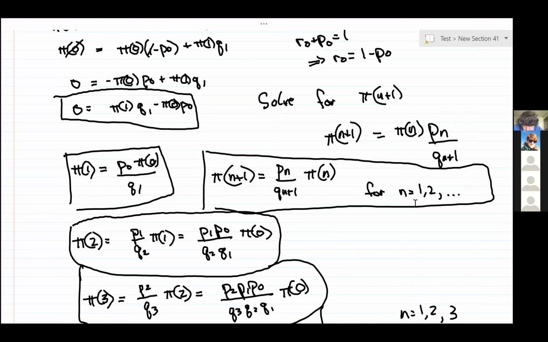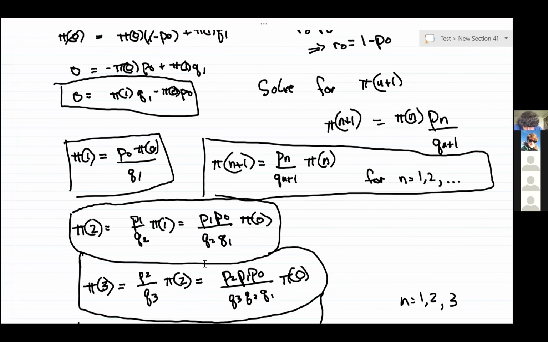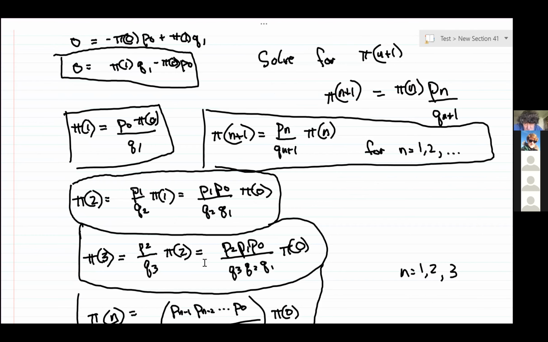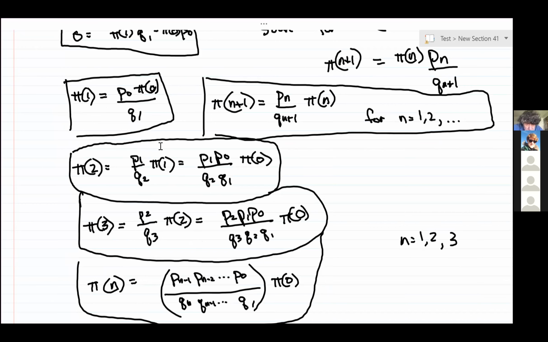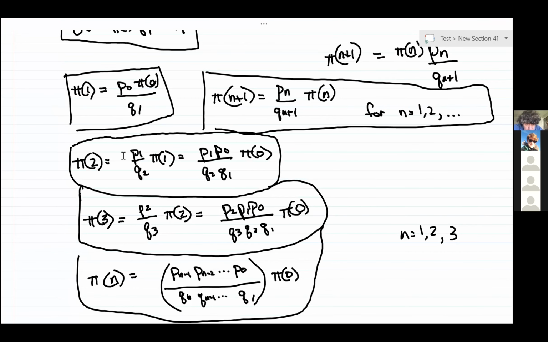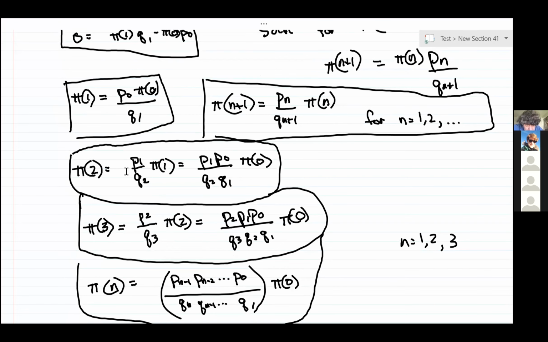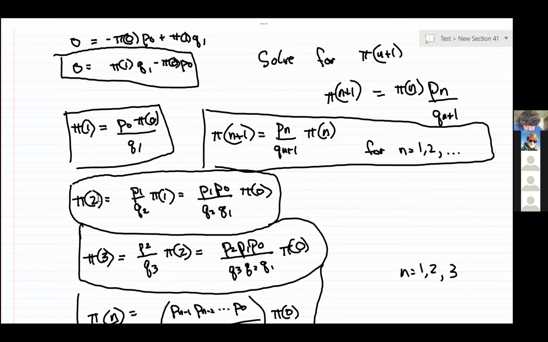So when you put in what n could be, it would give you this equation, and this equation, and this equation in general. Now we did some stuff. When you had this equation, and we already had this one from the earlier equation here, we were able to find that pi 1 was in terms of pi 0, and pi 2 is in terms of pi 0, and pi 3 is in terms of pi 0. So all these variables are all in terms of pi 0.